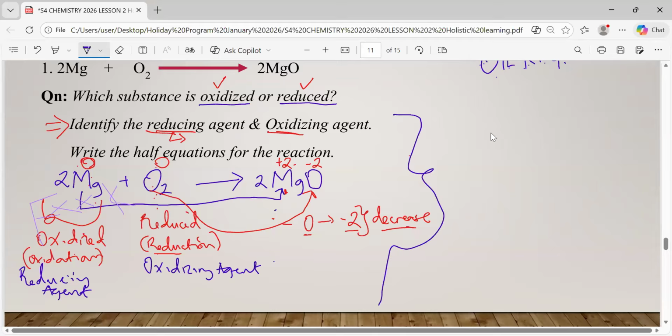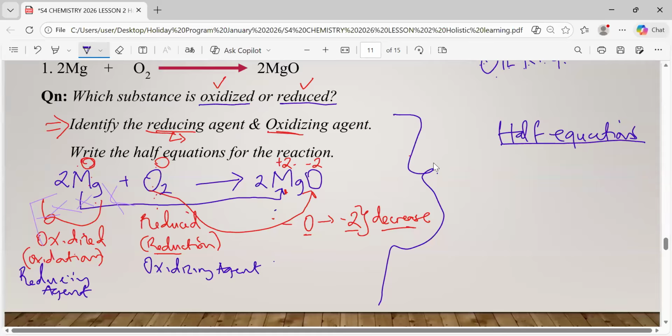Now, number 3, they want us to write half equations. We're going to learn how to write half equations. And by the way, don't forget that if you know how to write oxidation numbers, you're good to go. For example, if you finish assigning these oxidation numbers, then your half equation is almost done.